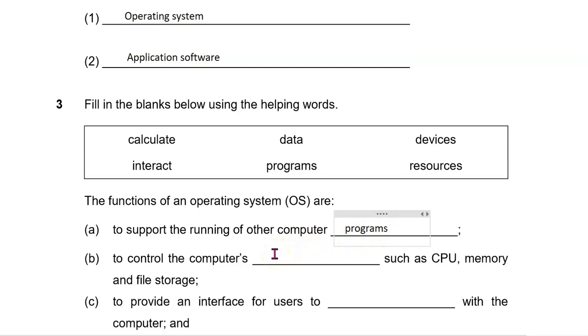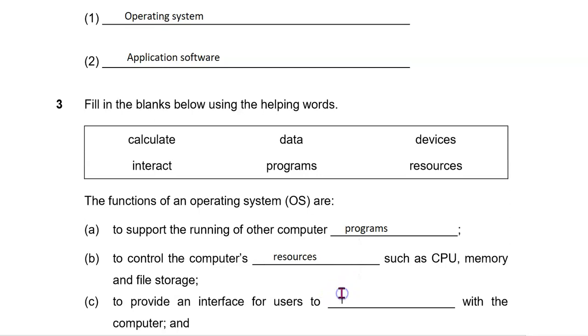Part B, to control. The function of an operating system is to control the computer's resources. So the computer will know how much memory is allocated for individual software, and how much storage space is catered for individual files.